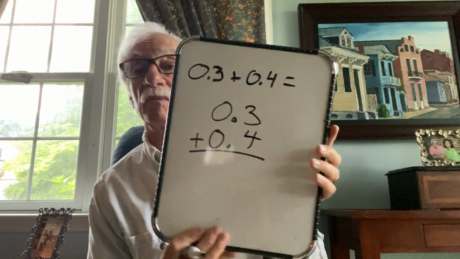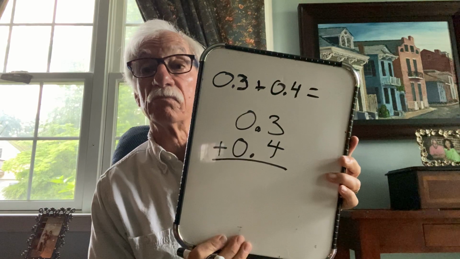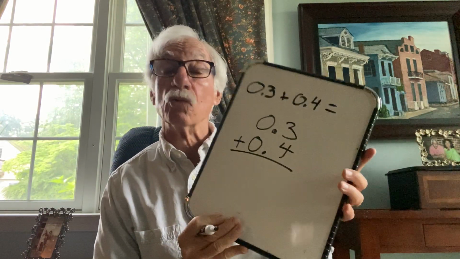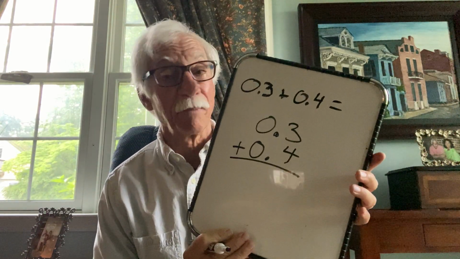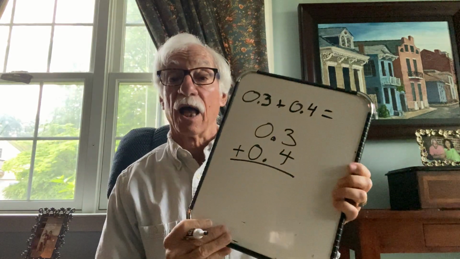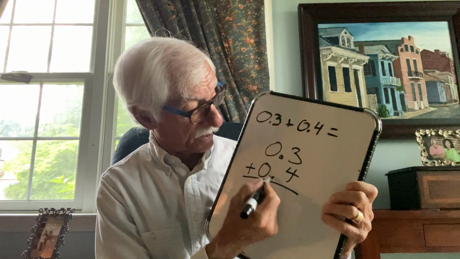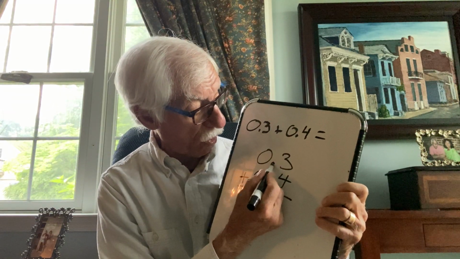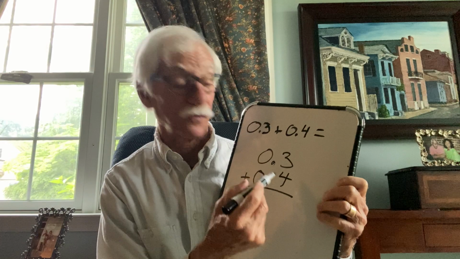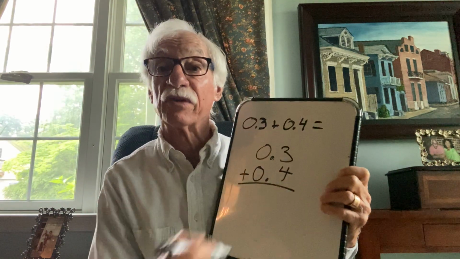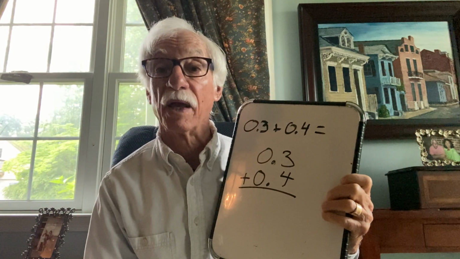Watch me. 3/10 plus 4/10. Now it's vertical. The other rule that's really important, because it allows you to keep your place values in the proper order, is that the decimals, these powerful markers between whole numbers and decimal fractions, are always in a vertical line, one on top of the other.